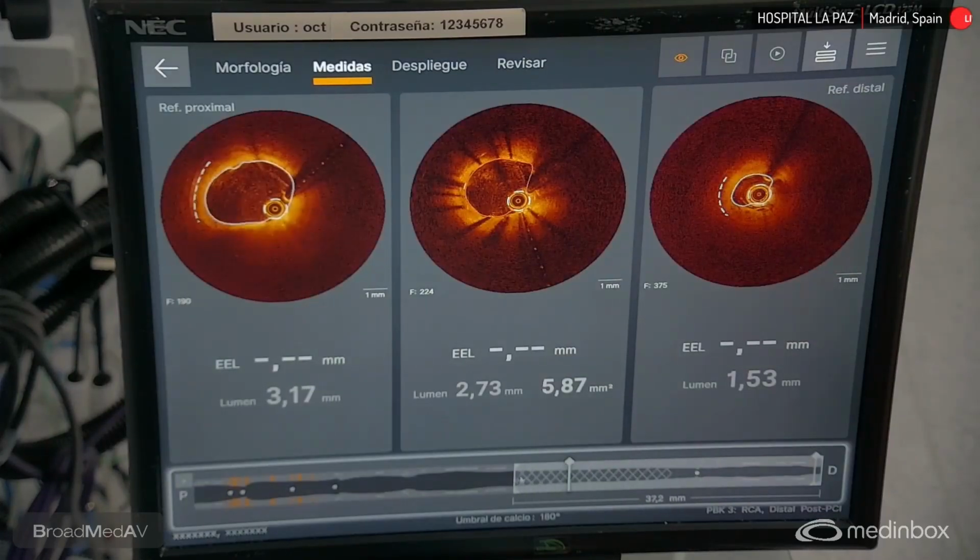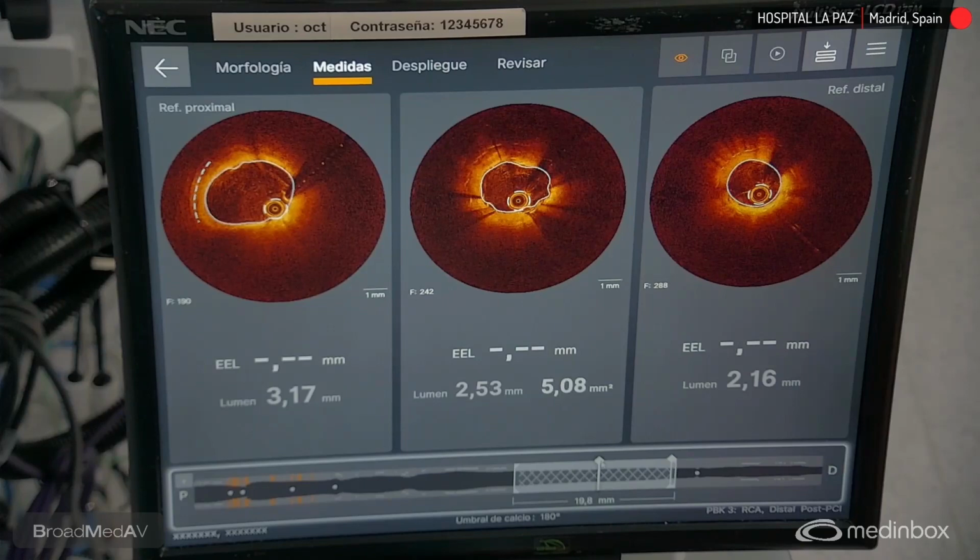We can measure the expansion. Proximal 3.5.